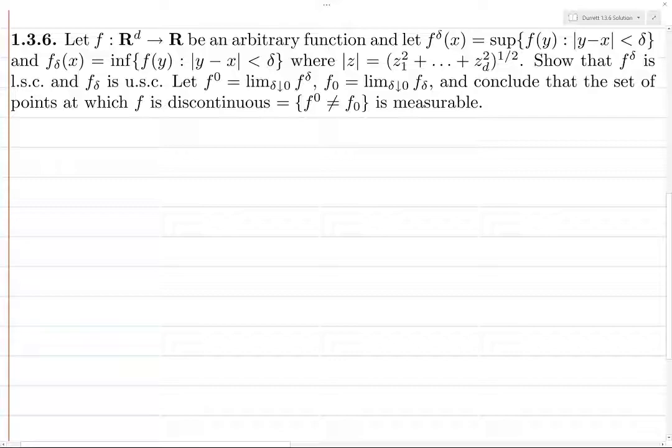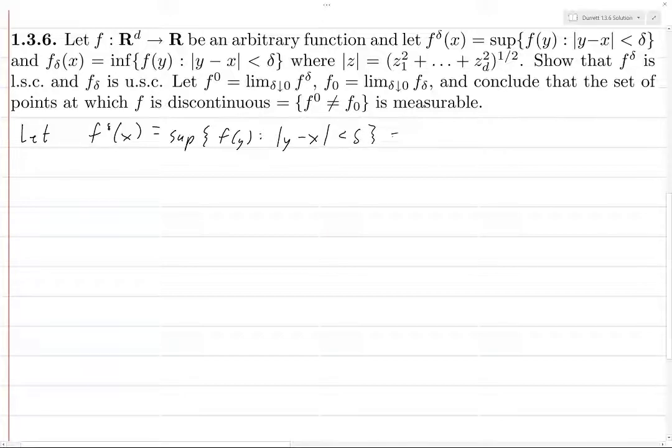So we have these functions, I'll call them f upper delta and f lower delta. And we need to prove that they are semi-continuous. So let f delta of x just be defined the way it is here, the supremum over all y such that this distance is less than delta.